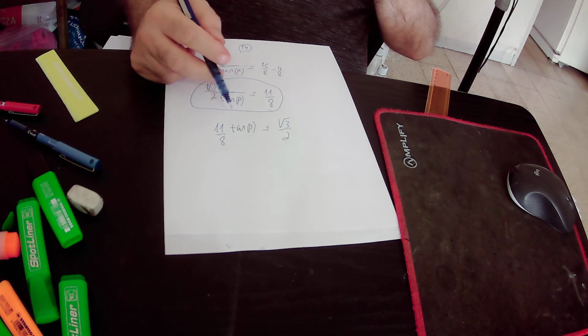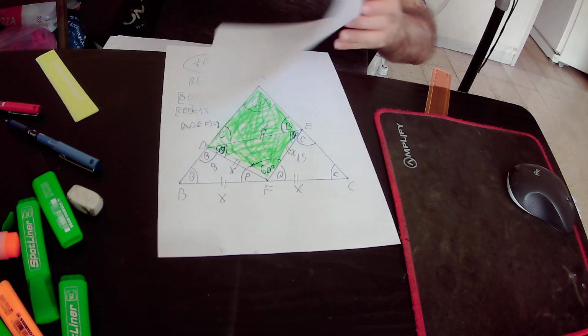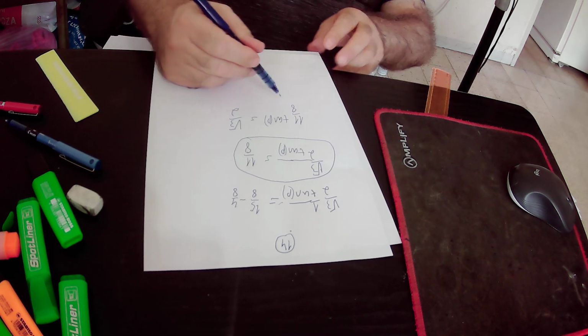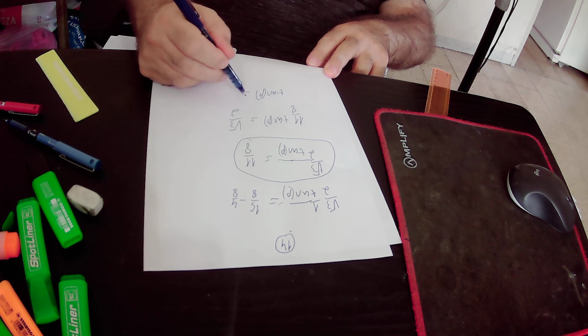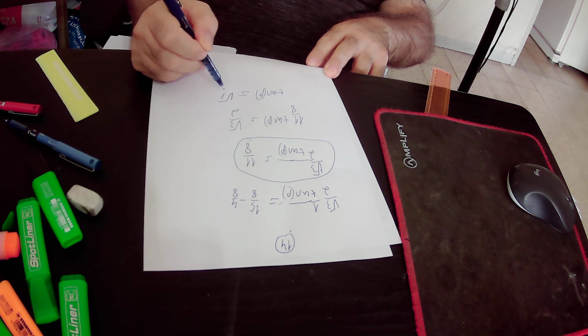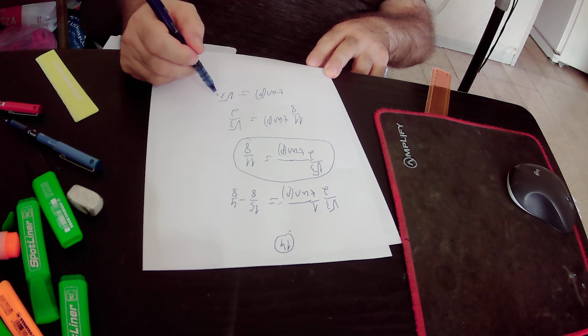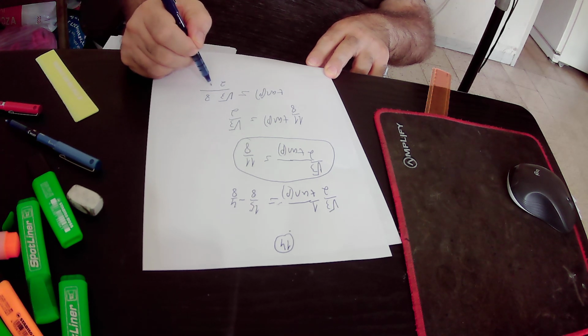Here we will multiply this equality by 8 and then we will divide it by 11 in order to get the value of tangent p. So tangent p will be equal to root 3 times 8 over 2 times 11.